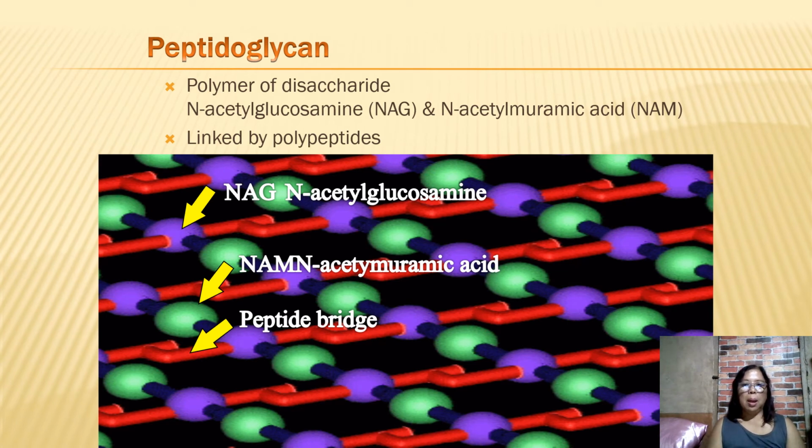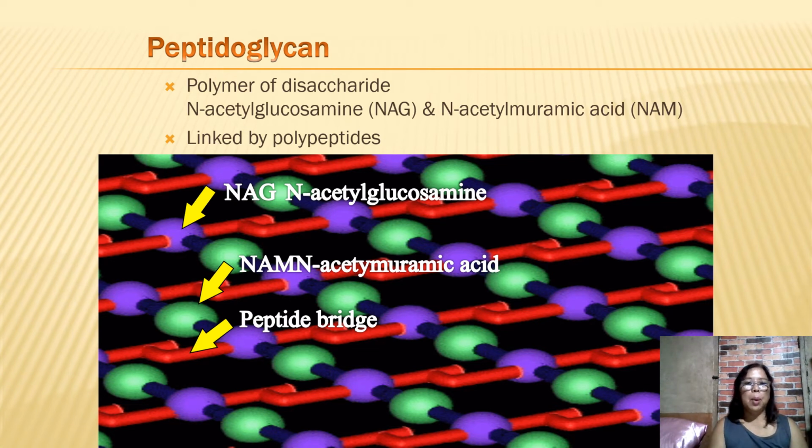So this is a typical chemical structure of a peptidoglycan. So from the word peptides, they are made up of polymers of disaccharides. I think you can still remember your biochem. Disaccharides are actually carbohydrates, no?